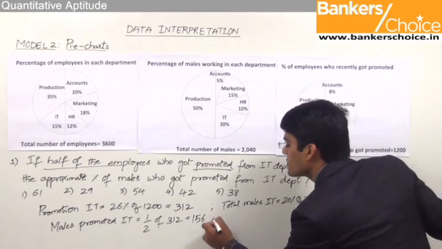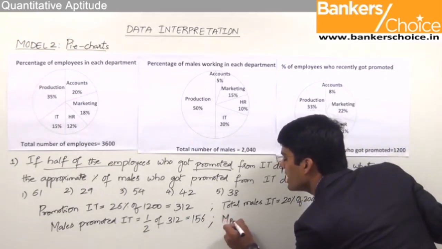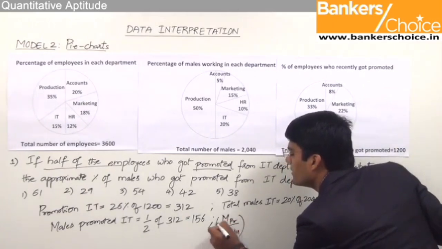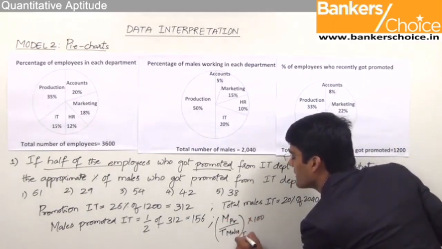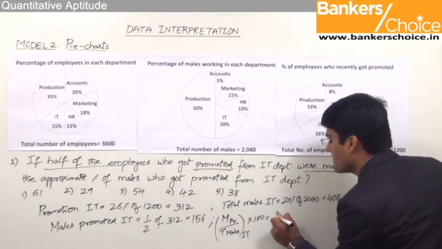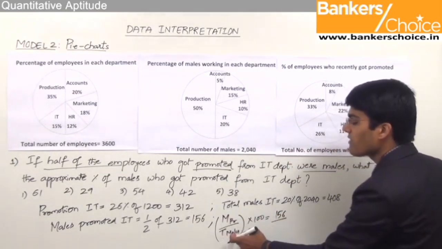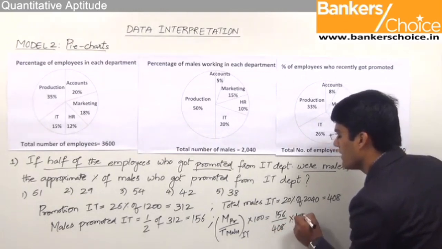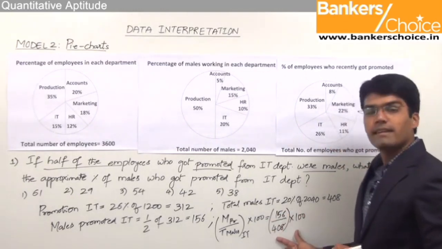So our final answer here should be males who got promoted from IT department by total number of males into 100, and this is for IT department. So this can be taken as males who got promoted is 156, 156 divided by total number of males in IT department, 408, into 100.